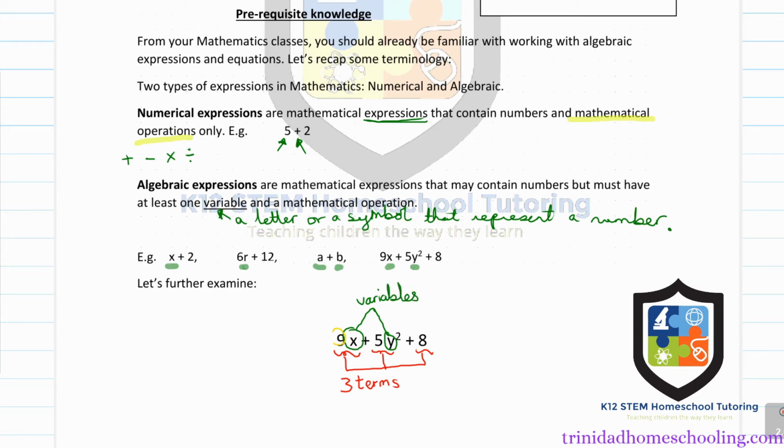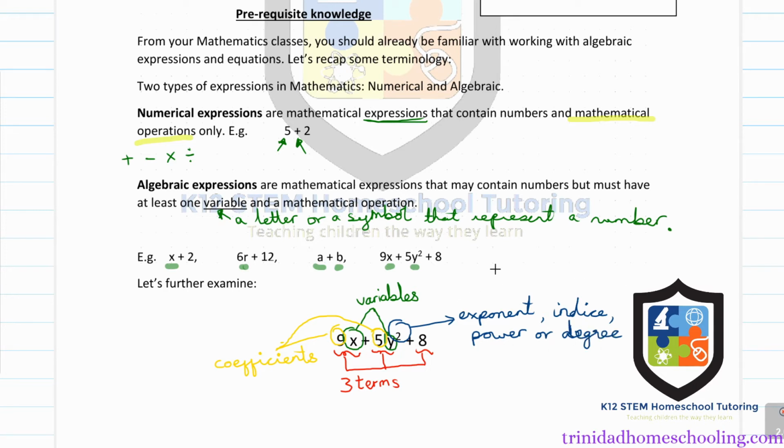The 9 and the 5 in this expression here, these are called coefficients. This 2 here is called your exponent, an indice, a power, or a degree.